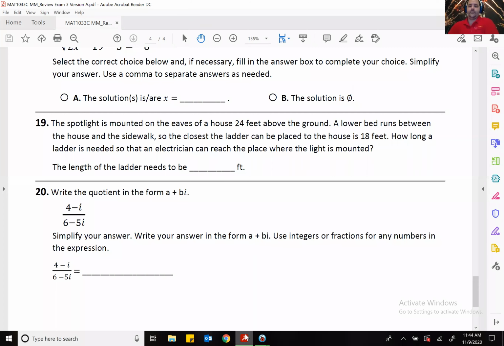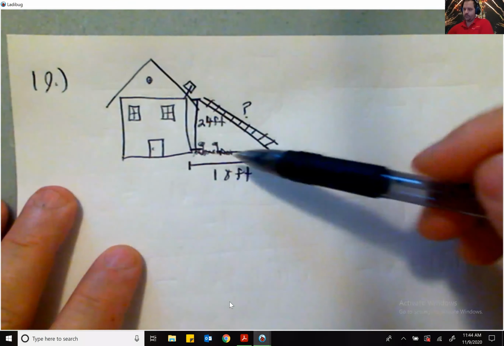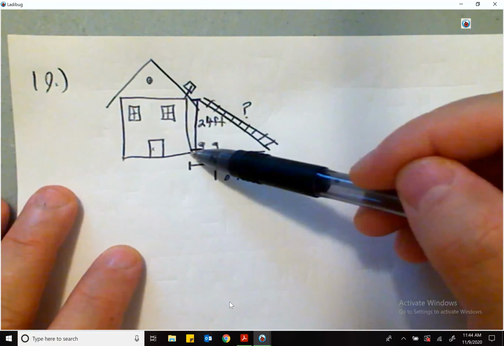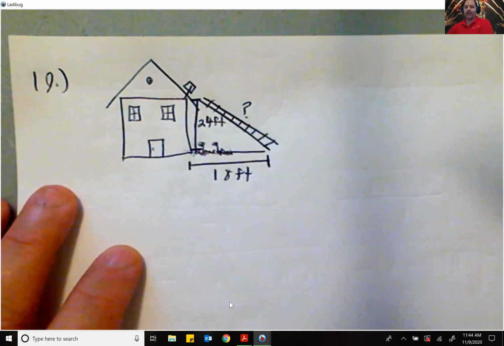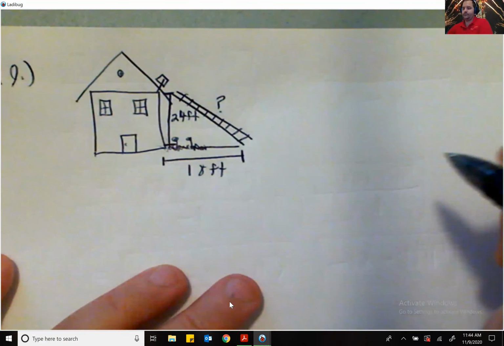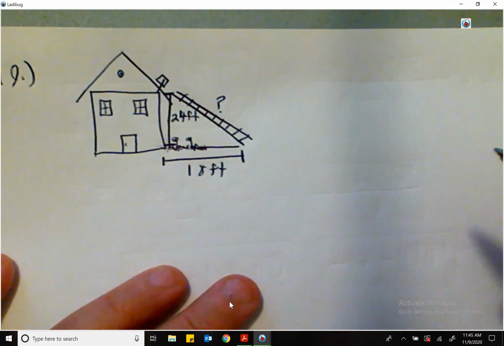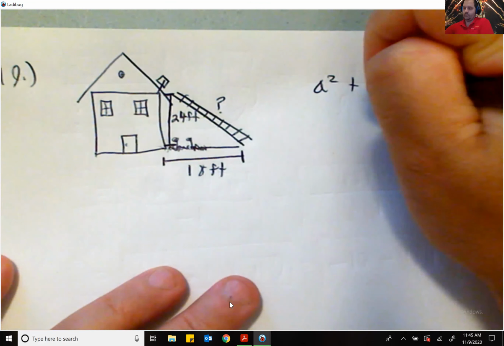What does it say? 18 feet. It's 18 feet. We want to know how long is the ladder? So do you see your right triangle here? Right in there. So what is the Pythagorean theorem? A squared plus B squared equals C squared.